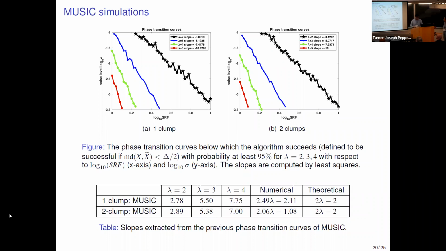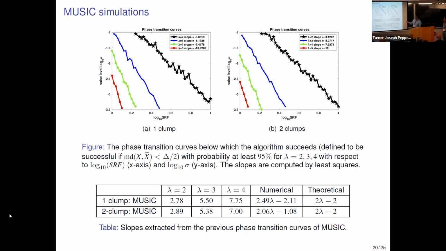We have some simulations that agree with our theory. Basically, our theory says that as we increase the super resolution factor and increase the noise, the harder the problem becomes. As we increase lambda, the harder the problem becomes. These are phase transition curves, so they tell you the region of parameters where this algorithm is successful.